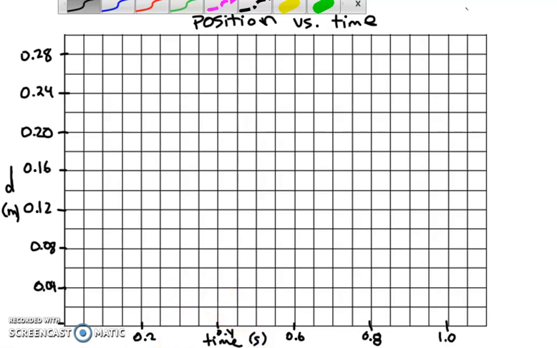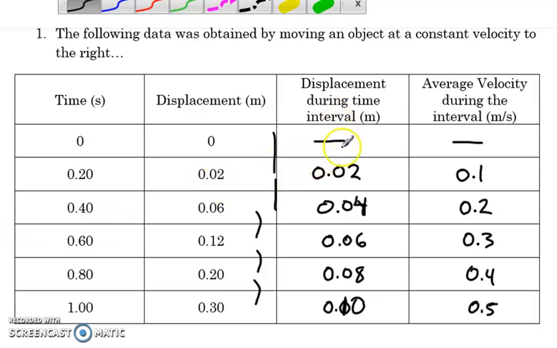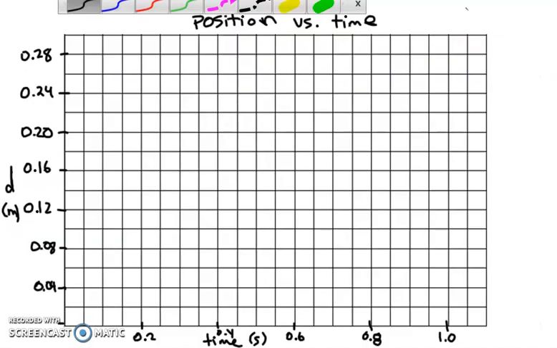As we plot these points, we are plotting the displacement, that's this third column, against time, which is this column here. So displacement will be placed on our y-axis, and time on our x-axis. The first point is 0 and 0. The next one is 0.2 and 0.02, so that would be here.